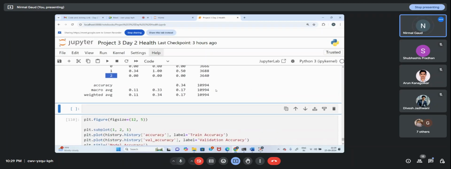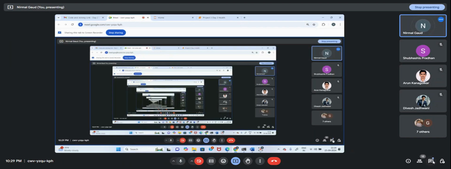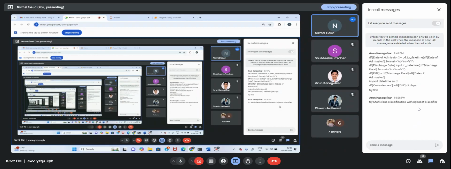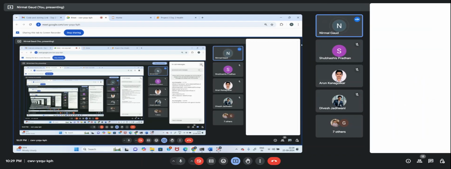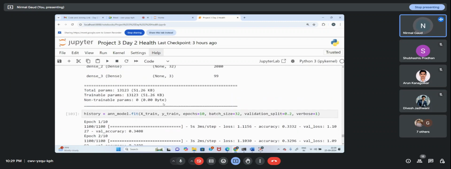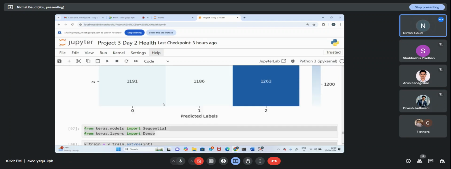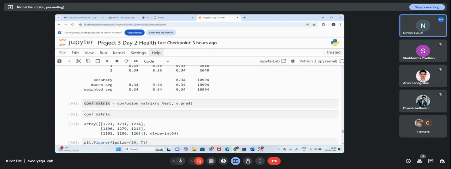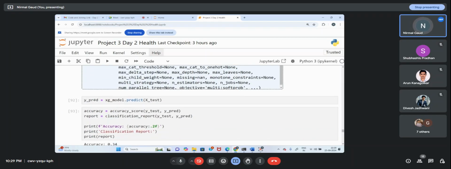Yes, anything you want to say here? Multi classification or XGBoost classifier? Yes, I did try multi class classification with XGBoost, the XGB before deep learning was XGBoost only.